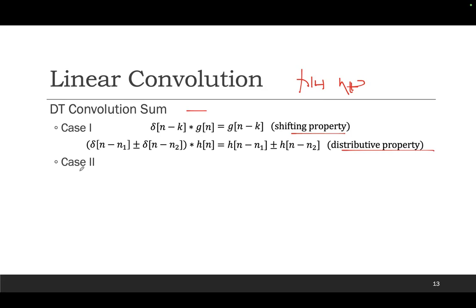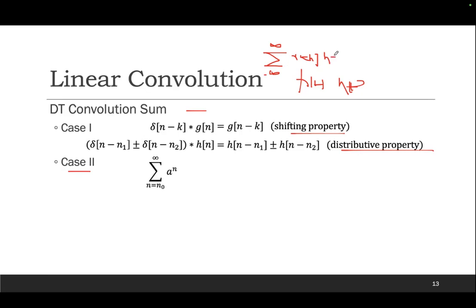For case two, you need to convert your function, because the convolution sum is basically the sum from negative infinity to positive infinity of x[k] multiplied by h[n minus k].